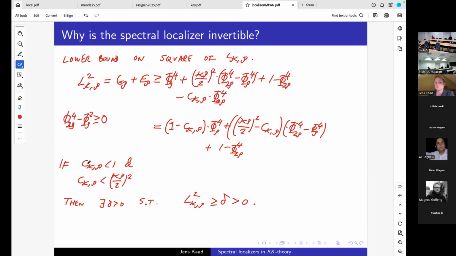So in this case, once I arrange to have these two strict inequalities, I get that the spectral localizer is invertible because the square is greater than or equal to a strictly positive constant. Thus, L kappa rho is invertible.